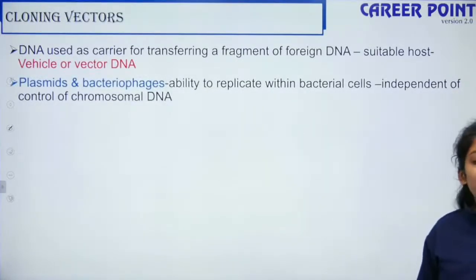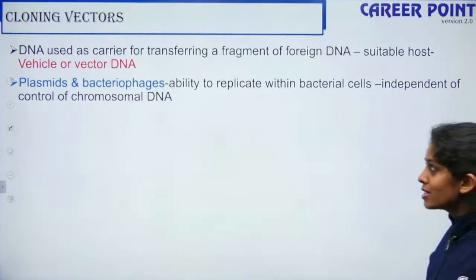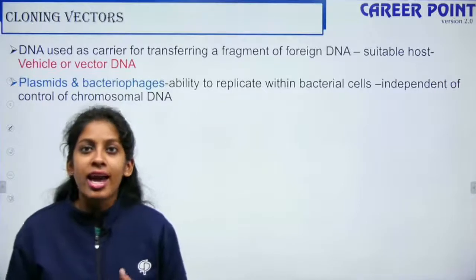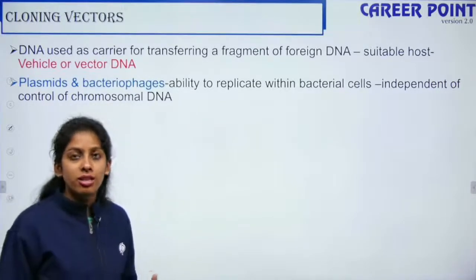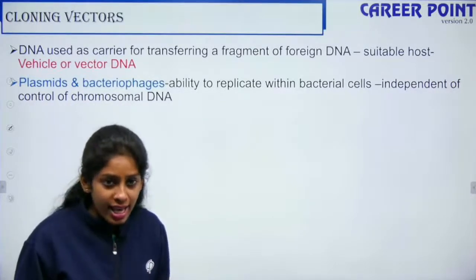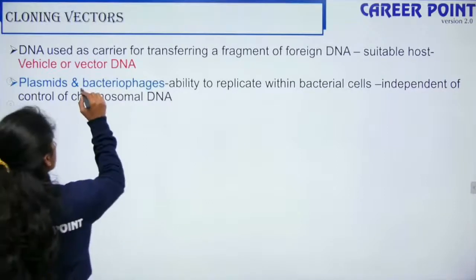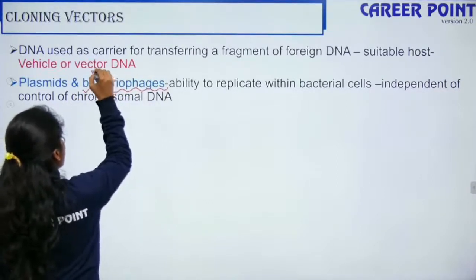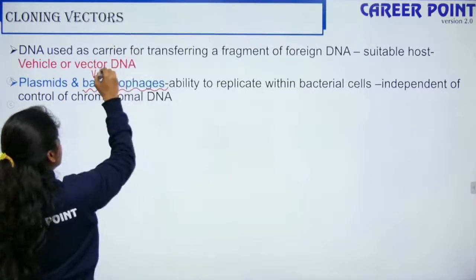So what can be used as a vector? Your plasmids can be used as a vector. Plasmids are naturally occurring extra-chromosomal double-stranded DNA. And bacteriophage. Bacteriophages are viruses that infect bacteria.